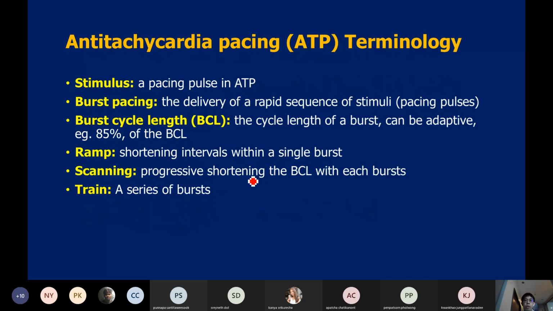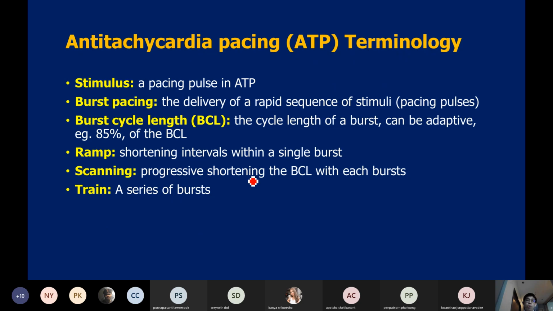There is some terminology regarding anti-tachycardia pacing. Stimulus is a pacing pulse in ATP. Burst pacing is the delivery of a rapid sequence of stimuli at the same cycle length.